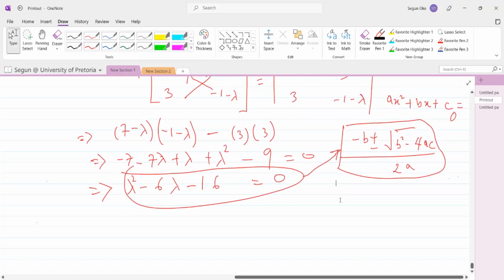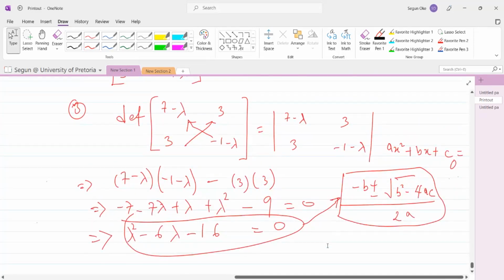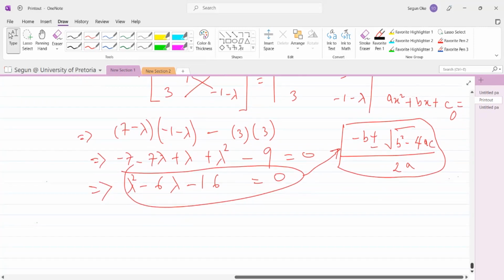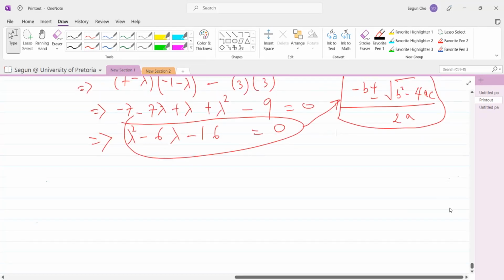So it all depends. It's not a crime. If you know that you can't cope with factorization, please use this one. We will not give you what will not work for this method. So we will give you what will work.